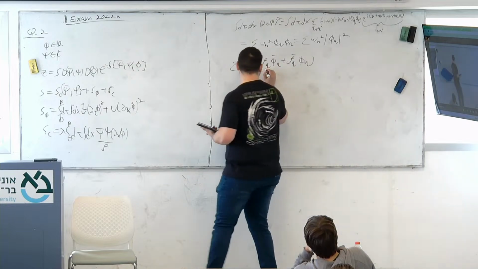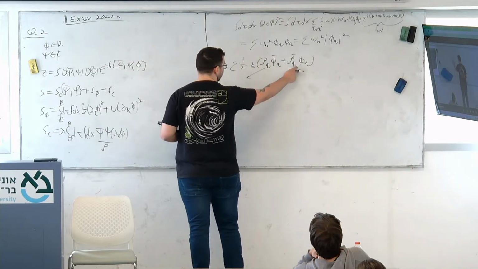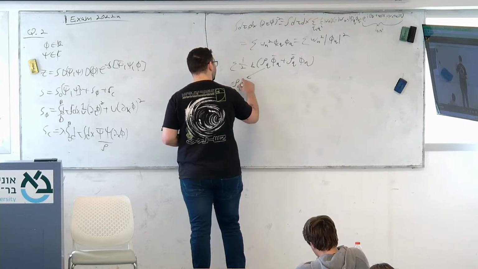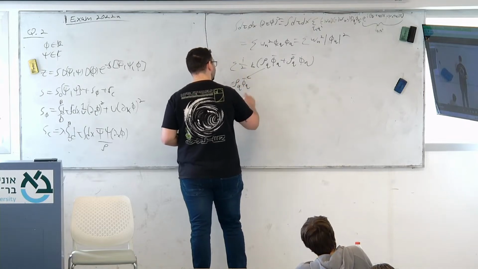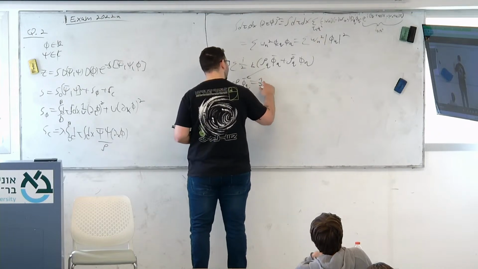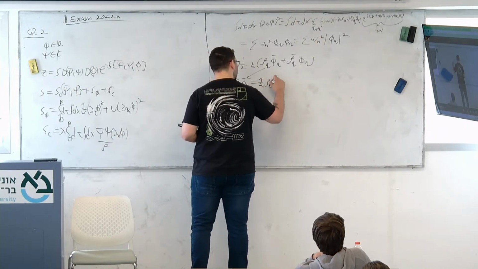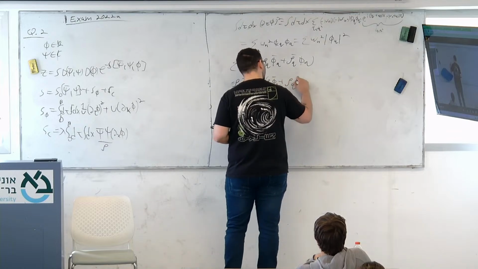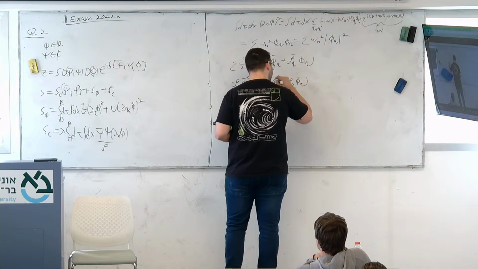For example, let's take just this term and see how we get those two terms from it. So rho q phi q conjugate equals one over half rho q phi q conjugate plus rho q phi q conjugate.